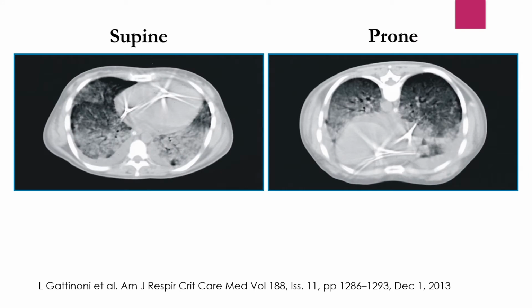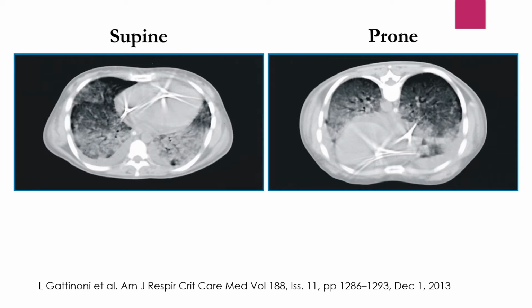These CT slices through the same patient positioned supine and prone help to demonstrate some of these points. You can see in the patient lying supine, the heart compresses, in particular the left lower lobe, and you can see large areas of collapse and atelectasis towards the posterior aspects of the patient's lung.